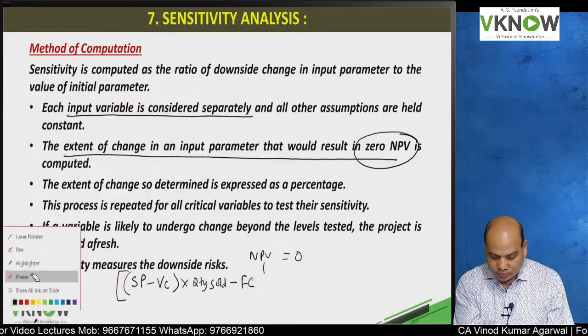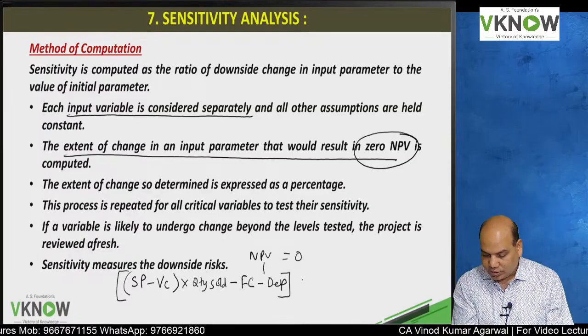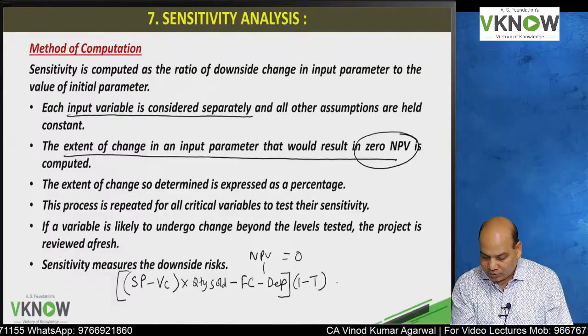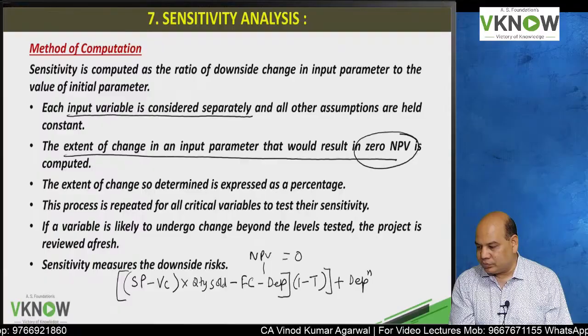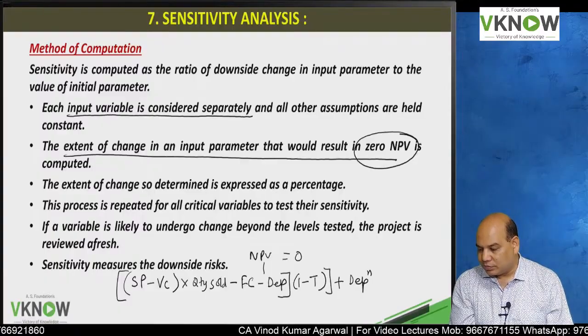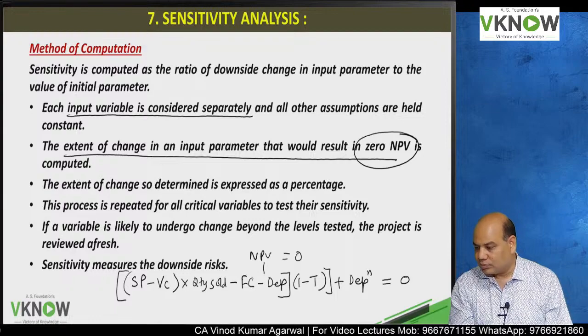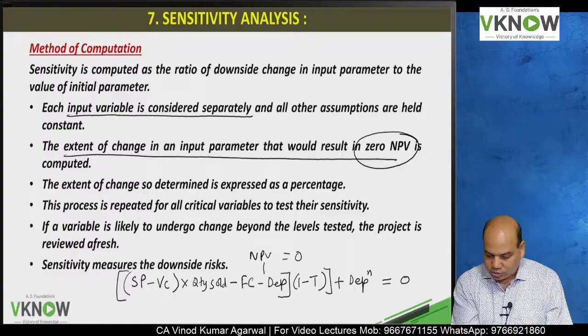If you have depreciation, then minus depreciation, that will give you PBT, and that you multiply by 1 minus T, will give you PAT, and you will add back depreciation, you will get CFAT. Sorry, that will be multiplied by one more thing.